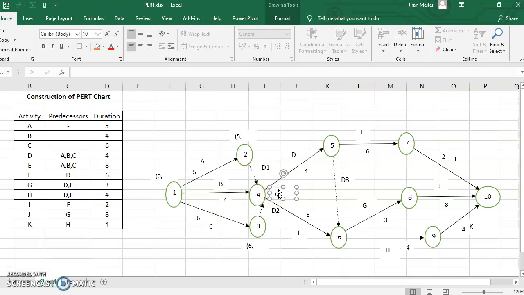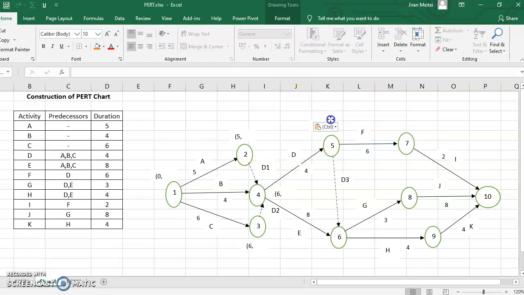So the number that you'll be writing over here is 6, which is nothing but 5 plus 0, since the dummy has 0 time, 6 plus 0, since the dummy again has 0 time, and 0 plus 4. The maximum of the three directions is 6. So you should always write the maximum where multiple arrows merge. This is the maximum that I have. Now let's fill up this one.